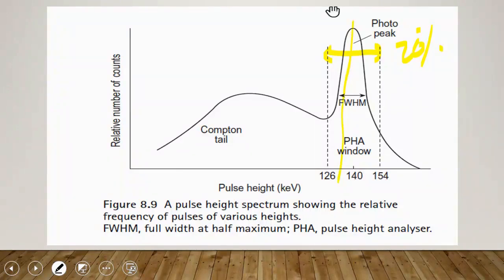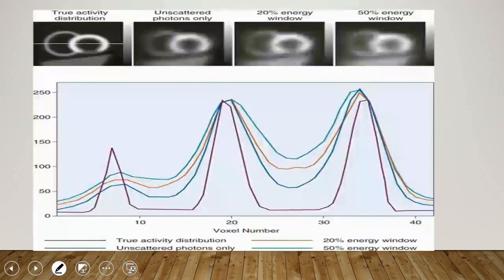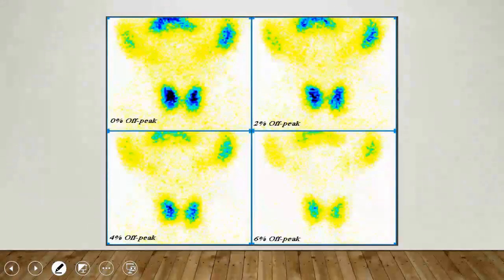If you move a little to the left or a little to the right, the energy of the photons collected changes. If you are on the off-peak, on the right side, then the counts will start to show up low because you will collect low intensity photons.